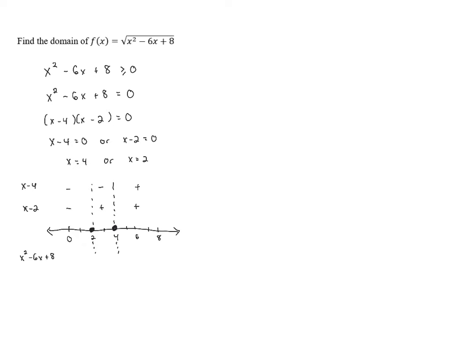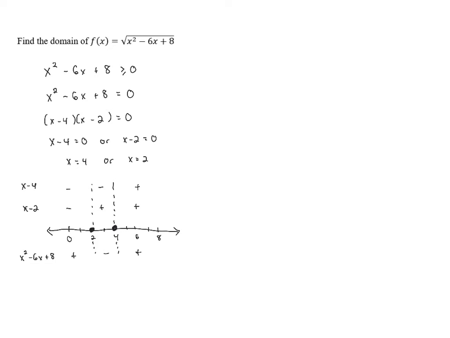Regardless of how you figure these out, to find the sign of the answer, we have to multiply the signs of each factor. A negative times a negative is going to give us a positive. A negative times a positive will give us a negative, and a positive times a positive is a positive.